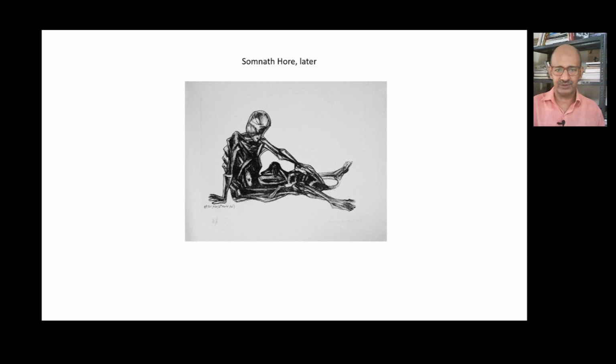One more, Somnath, where you can see that increasingly he is also experimenting with the form, with the anatomy, with the skeletal anatomy, not only to convey certain pathetic conditions of human life, but also to make it more and more universal, more and more acceptable to a larger public or audience.